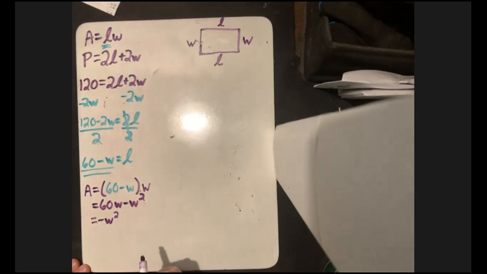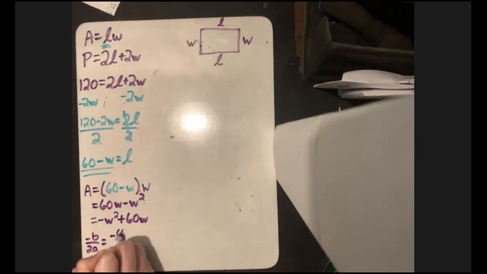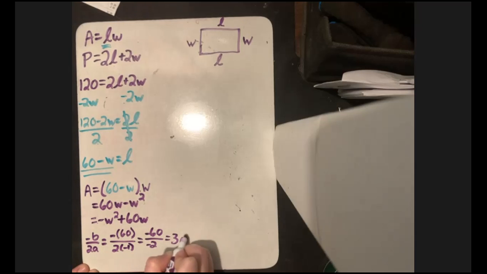So I'm going to write that way. My 60W is positive. So I'm going to make sure to write that there. And again, they wanted us to maximize our area here. So we're going to do negative b over 2a. So I've got negative 60 over 2 times negative 1. So that's negative 60 over negative 2. That is 30. Now, since this was W, that's my width.